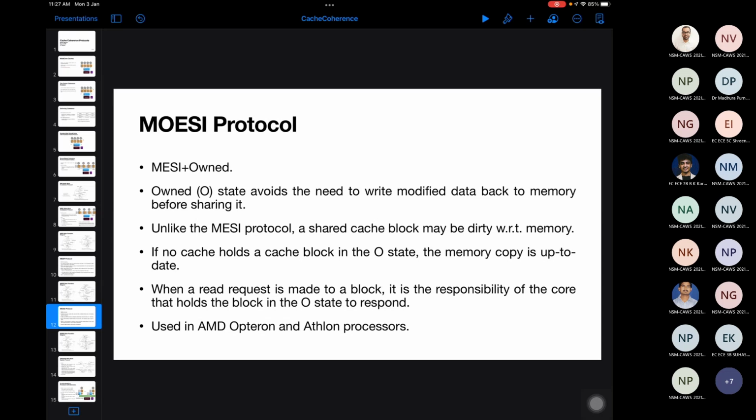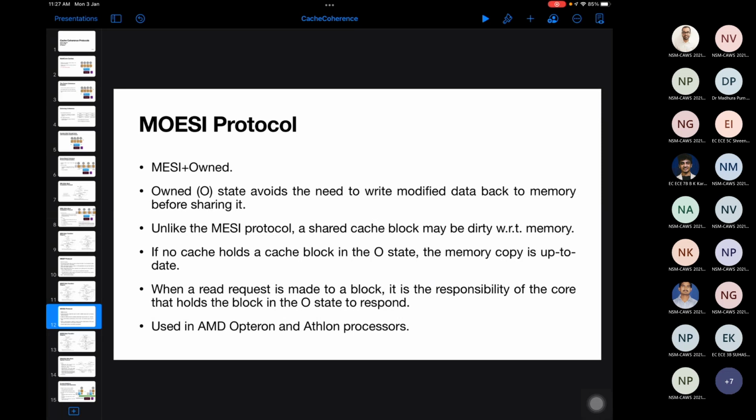If no cache holds a cache block in the O state, automatically the lower level cache or the memory copy is up to date. And when there is a read request made to this particular block, it is the responsibility of the core that holds the block in O state to supply the data. Previously in MSI or MESI, if a block is in the shared state in multiple caches and some other core requests the data, we supply the data from the lower level.